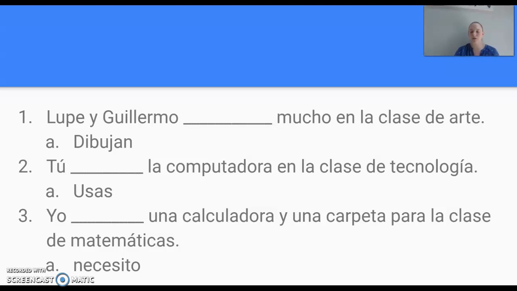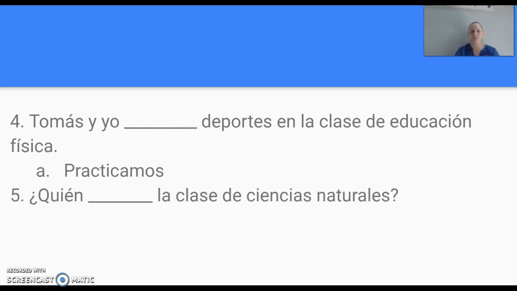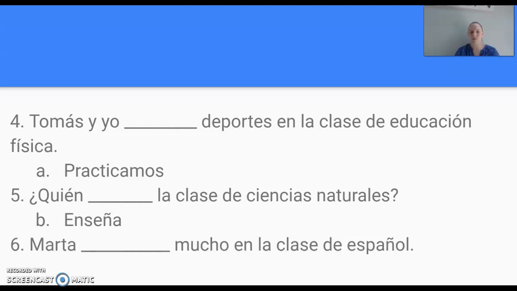I need a calculator and a folder for math class. Number 4, Tomás y yo practicamos deportes en la clase de educación física. Tomás and I practice sports in PE class. Number 5, ¿quién enseña la clase de ciencias naturales? Who teaches science class? And number 6, Marta habla mucho en la clase de español. Marta talks a lot in Spanish class. Okay.